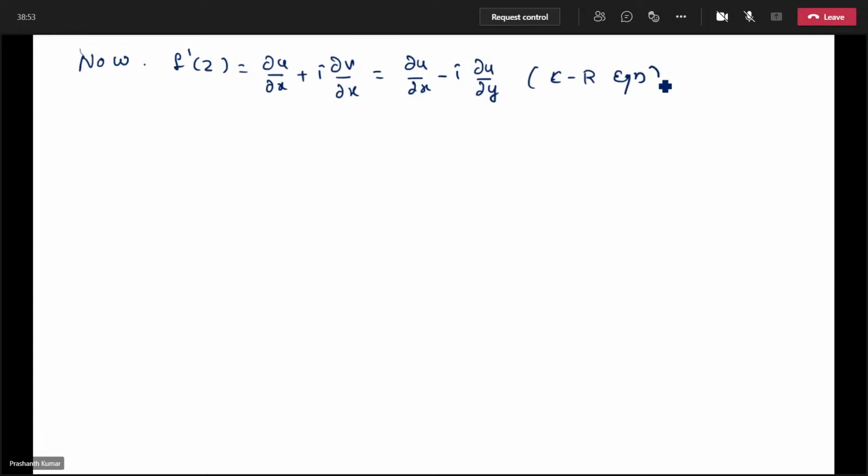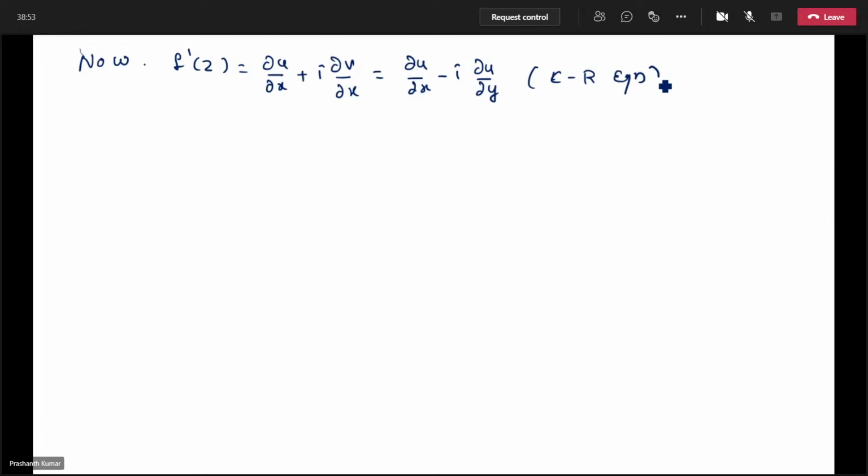From that, we find the imaginary part when the real part is given. After that, using the imaginary part and the real part, we determine the function u plus iv.